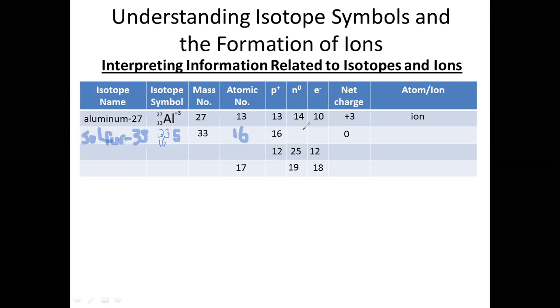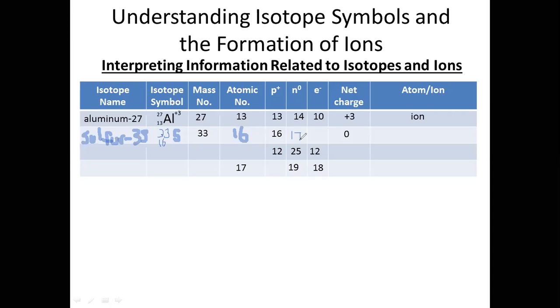Looking now at the number of neutrons. The mass number is total protons plus neutrons. We know it has 16 protons. We know the mass number is 33. So the number that I would have to add to 16 to make 33 would be 17.